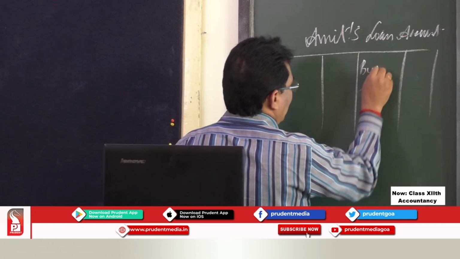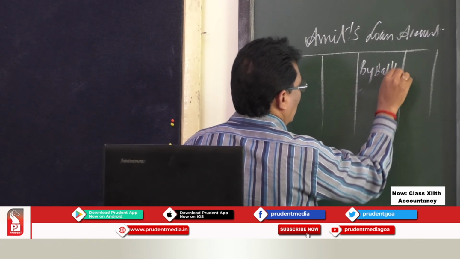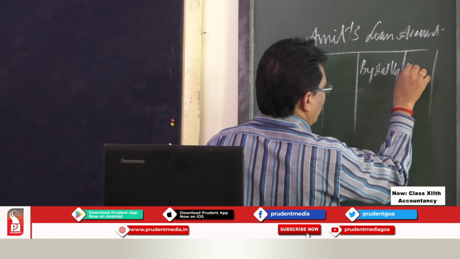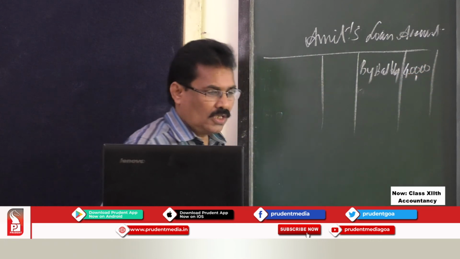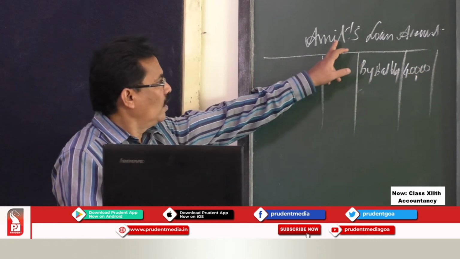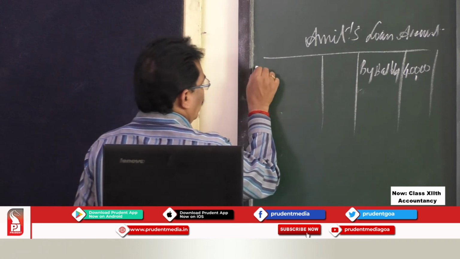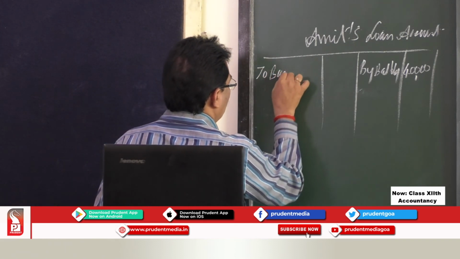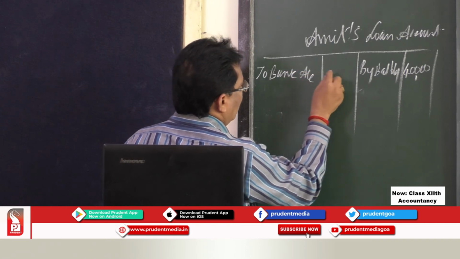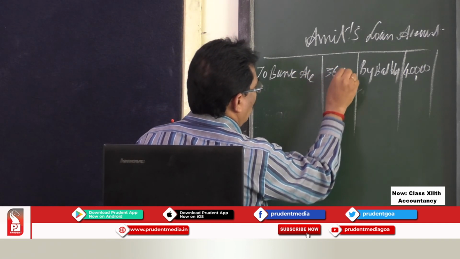So, on credit side there is by balance brought down, it is rupees 40,000. You were supposed to pay 40,000 to Mr. Amit, but he is taking only 36,000. So, you are paying him only 36,000, to bank account 36,000.